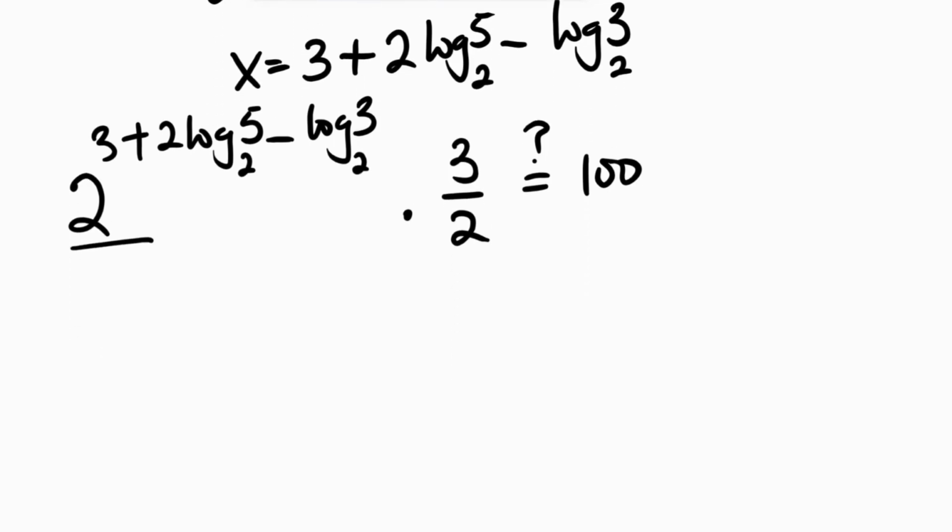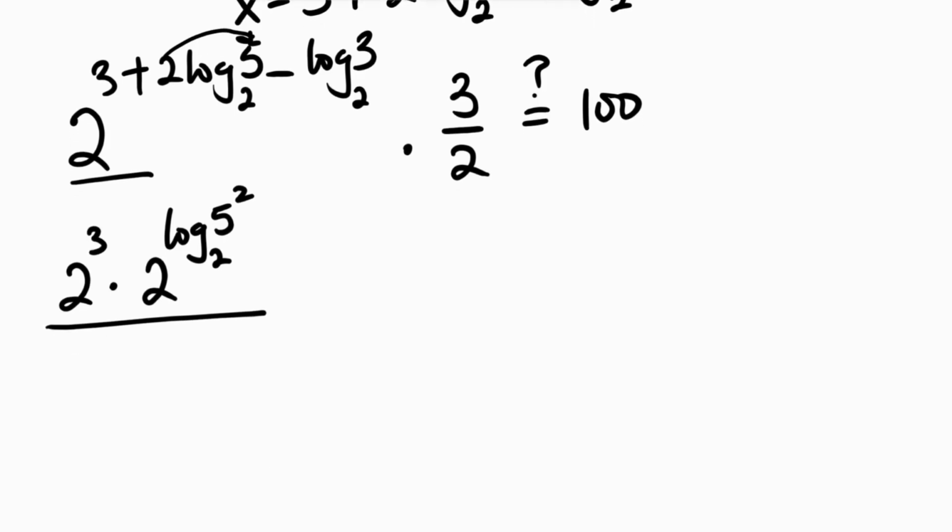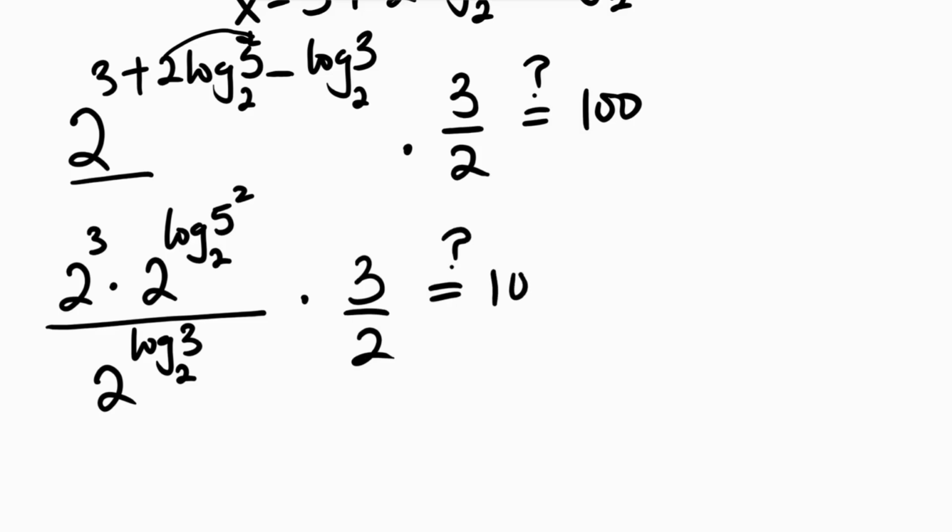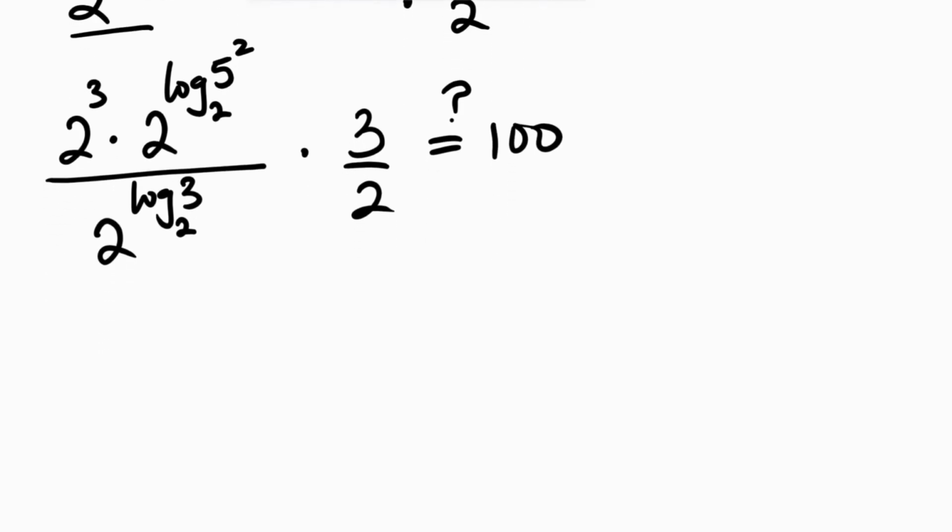Now all this becomes 2 raised to the power 3 times 2 raised to the power log of 5 squared base 2, because the 2 goes back to the 5, and divided by 2 raised to the power log of 3 base 2 times 3 over 2. Let's see if it's going to be equal to 100.